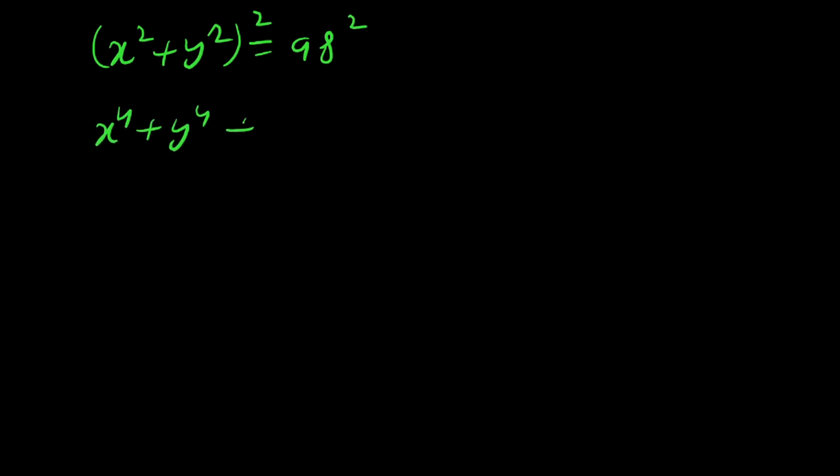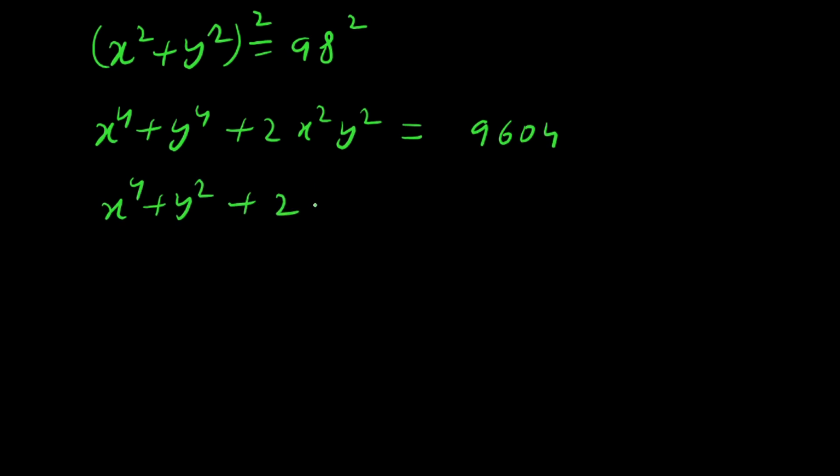Now we have x squared plus y squared equals 98, and if we square both sides again, then on the left-hand side, x power 4 plus y power 4 plus 2 times x squared y squared equals 98 squared, which is 9604. Then x power 4 plus y power 4 plus 2 times, this is the same as x times y whole squared, equals 9604, and x times y is replaced by 1.